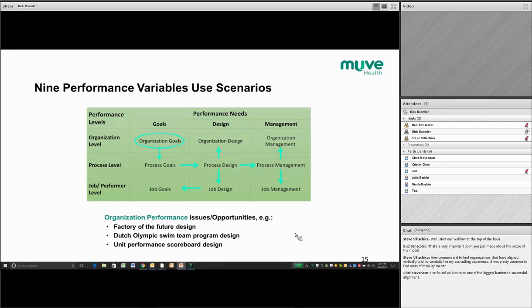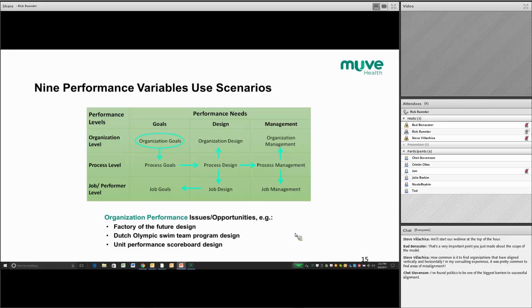So you start with a sound plan, and then go forward, and there are plenty of opportunities as you start seeing where the greatest need or opportunity is, whether the biggest holes are at the job level, the process level, or the organization level, to then bring other models and frameworks to bear that help you get into a greater level of detail that's appropriate for that level and also for that area of need, whether it be goal setting or design or management.